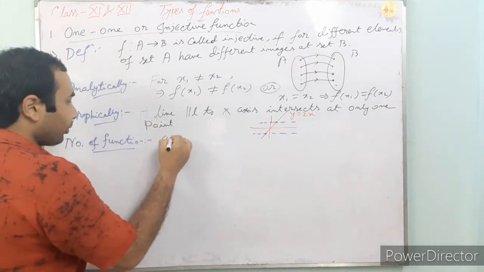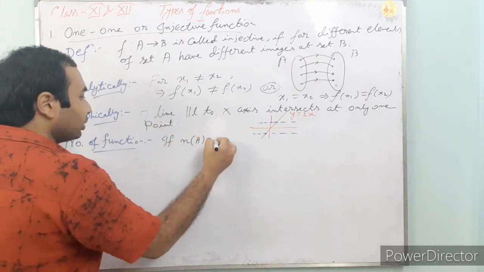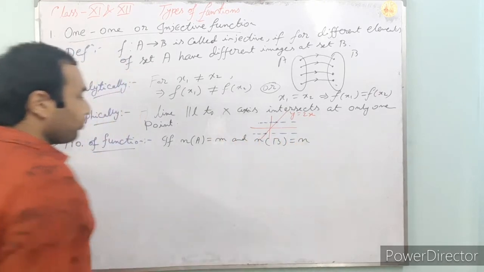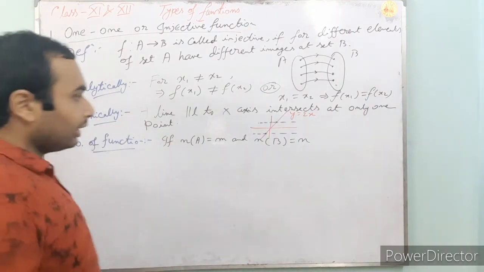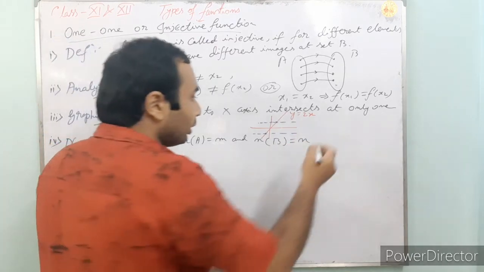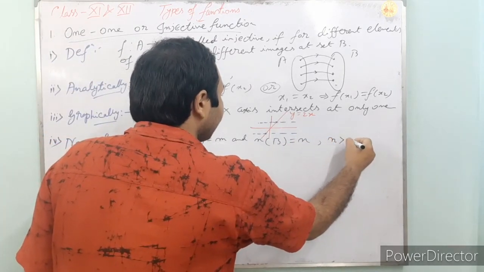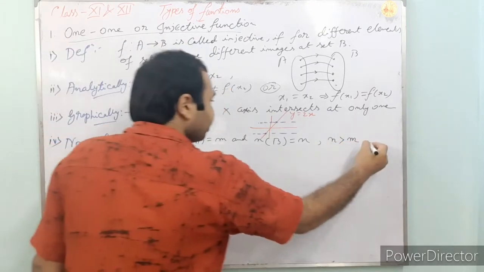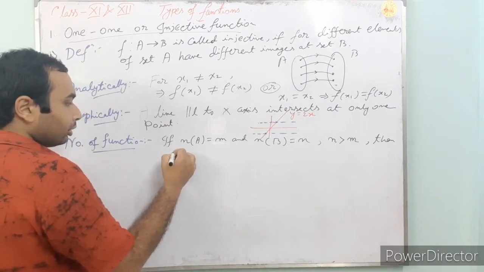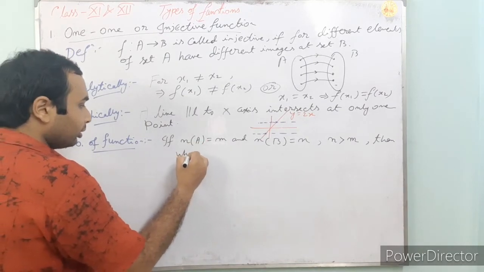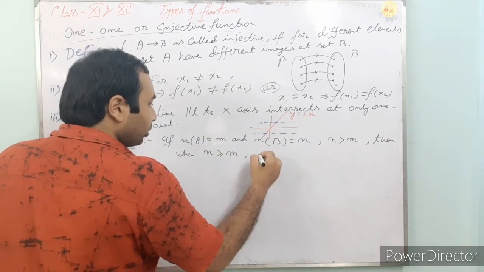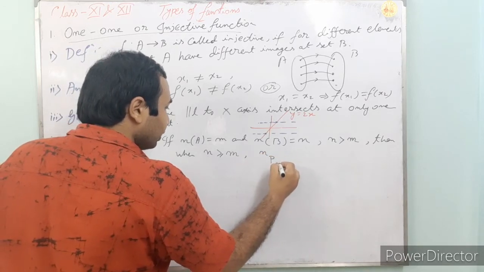If the cardinality of A equals m and the cardinality of B equals n, that is, in A there are m elements and in B there are n elements, with the condition that n is greater than or equal to m, then the number will be nPm.